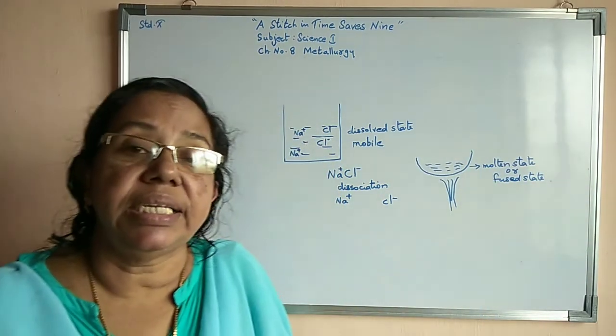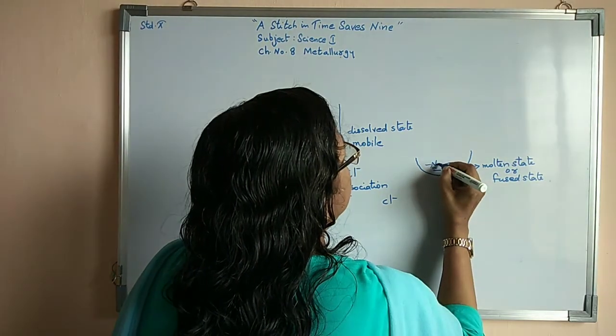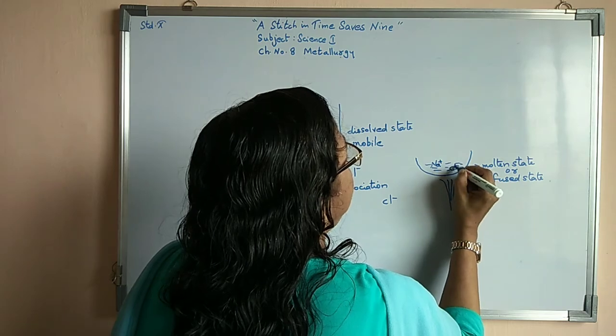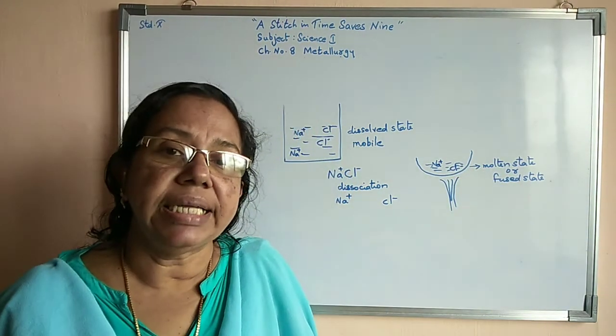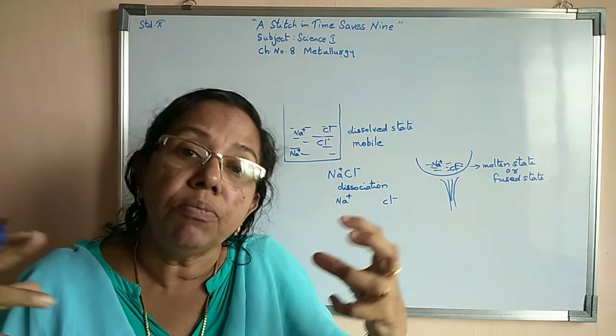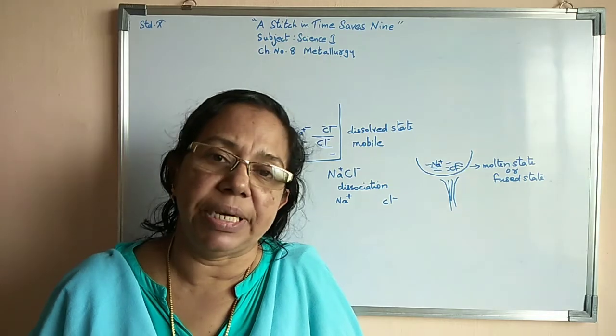Even in the molten state or fused state, the ions will be in mobile condition. They will be in moving condition. So when ions are in moving condition, electricity flow will take place.